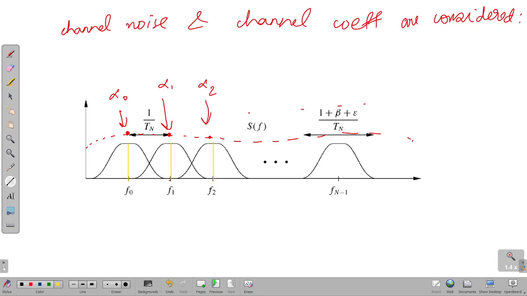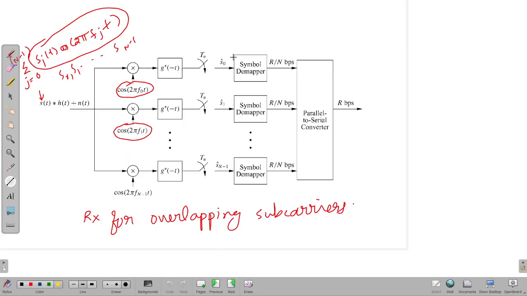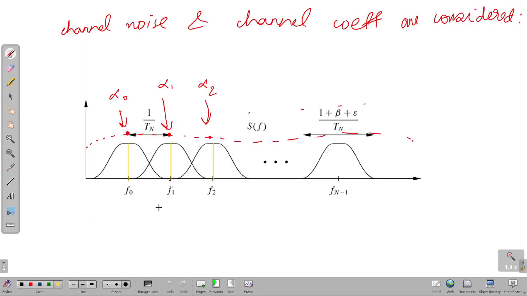And if I sample at this point, so we need to draw this diagram of overlapping subcarriers in such a way that we are able to minimize or make the effect of all the other subcarriers 0 when the sampling of a particular subcarrier is done. When I consider this channel noise and channel coefficient into the picture, these symbols S0 cap, S1 cap, etc., the estimates, will have the values of symbols multiplied with these channel coefficients.